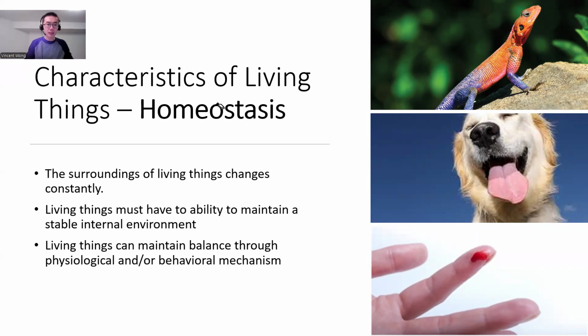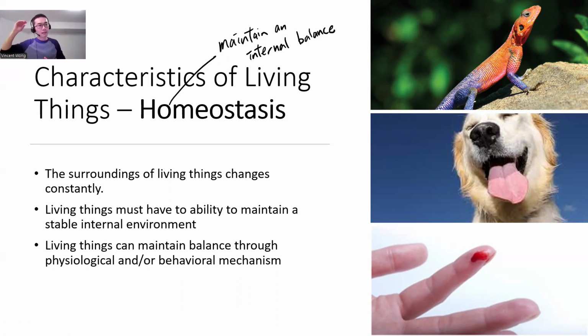Homeostasis is the ability to maintain an internal balance, despite changes in the environment, right? The surrounding might get cold, might get hot, but we as humans are able to maintain a core body temperature.